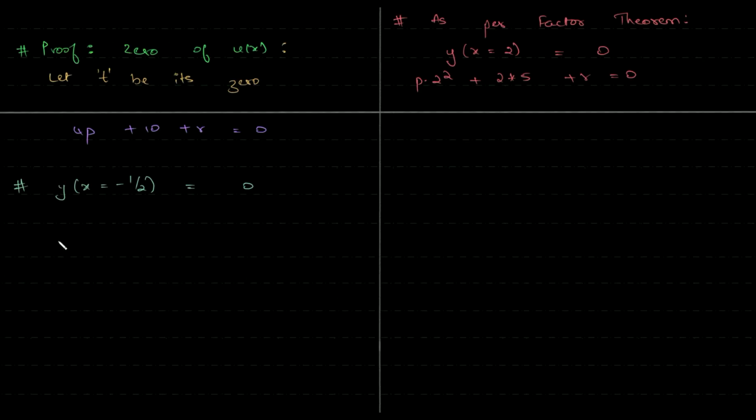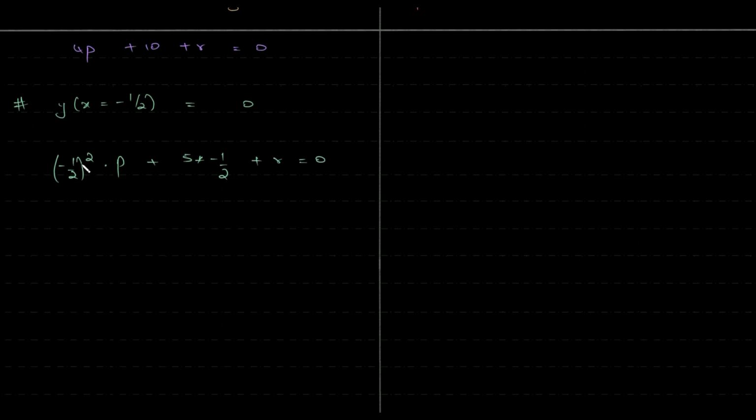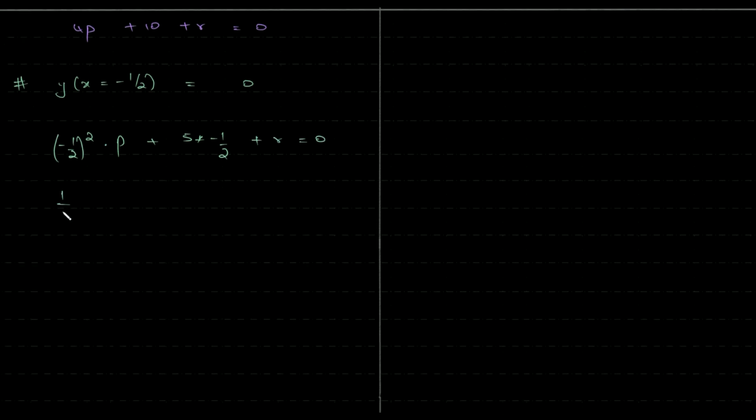So we have half square into p plus 5 times half plus r is equal to 0. Let me write it properly. Half square is what? 1/4. So p by 4, plus 5 by 2, plus r is equal to 0.